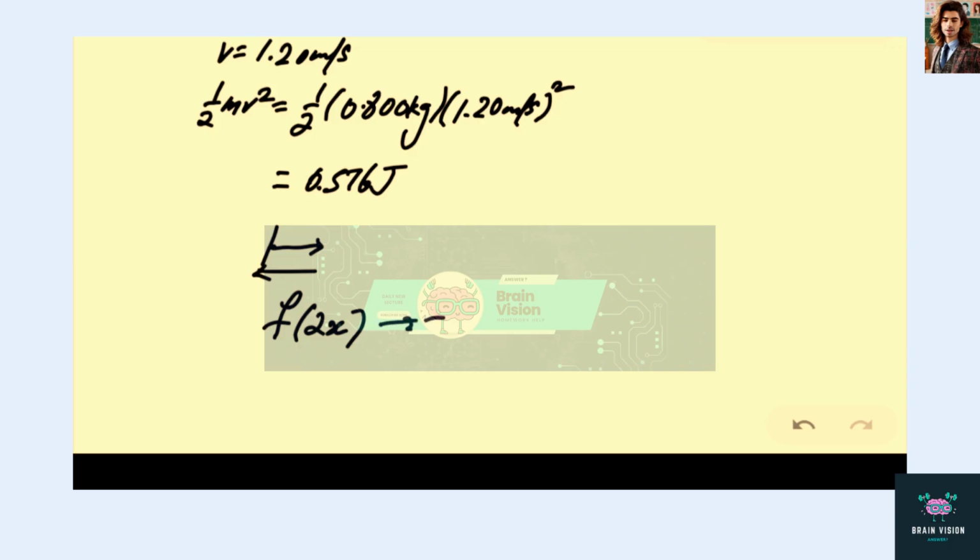This is the total work done by friction. And for the block to just be able to go back to its original position, it would mean that this total work done must equal the total kinetic energy that it has at the start.